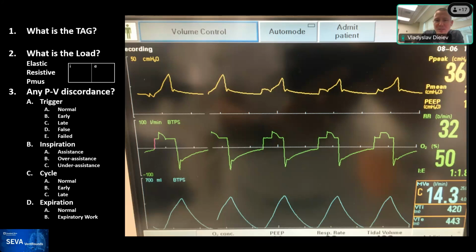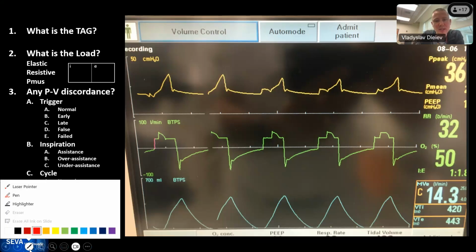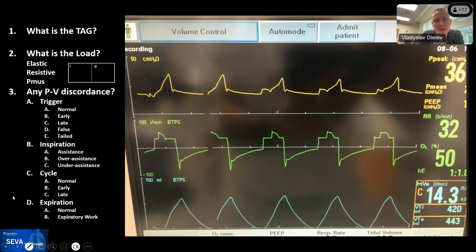So go ahead, please look at this waveform, try to internalize it, and think what type of tag corresponds to this. Is it volume or pressure? Is it CMV, IMV, or CSV? And what targeting scheme is used? Go ahead, take your time and put the answer in the chat.